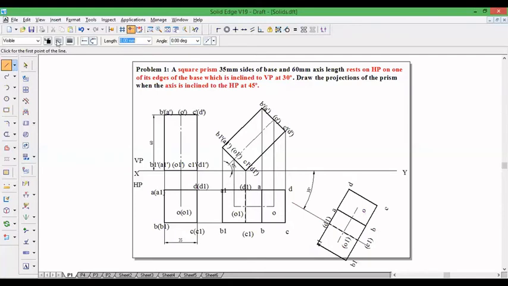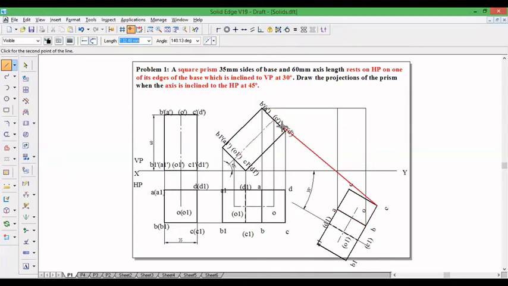Now take projection line 0.13 mm, take projection of A. So projection of A is here. Similarly, B also runs on the same line.